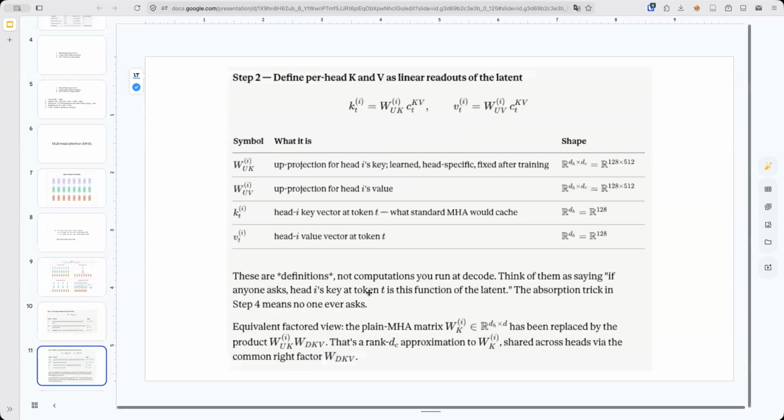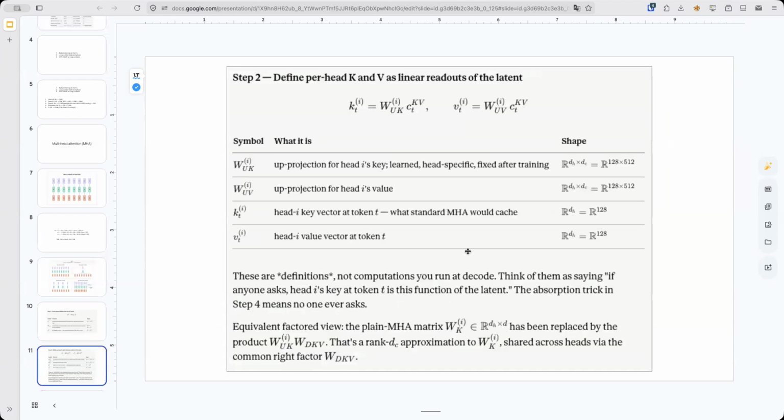And then we use individual matrices for each one of the heads to reconstruct the K and V matrices per head from this shared vector.